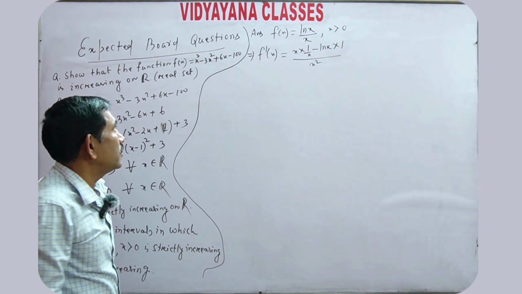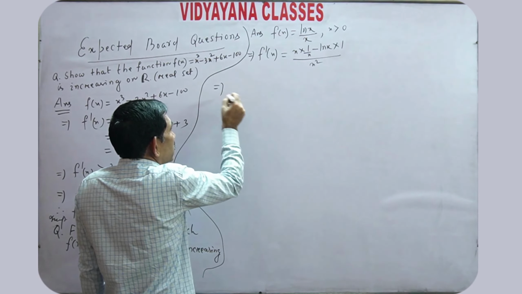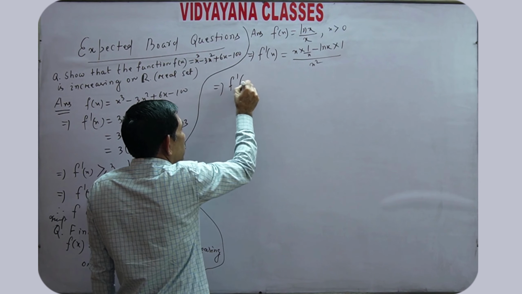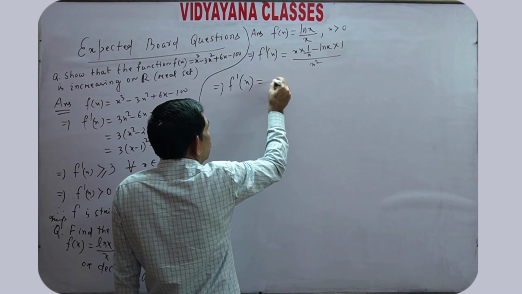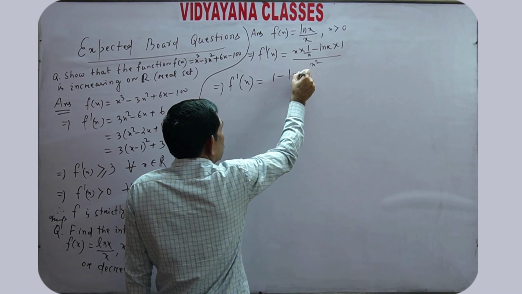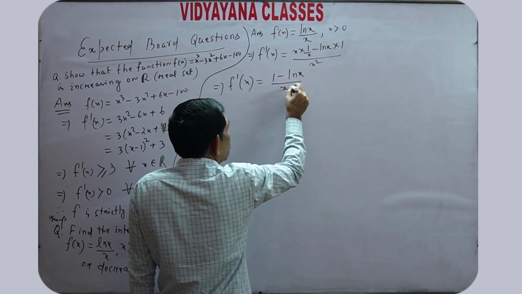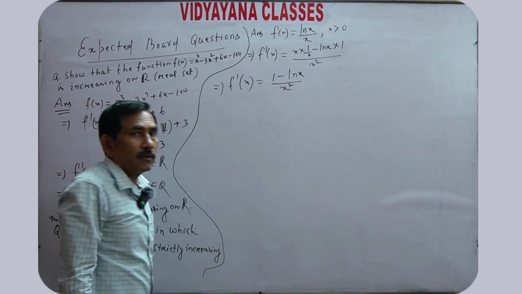Clear? Which implies f'(x) = (1 - ln x) / x².